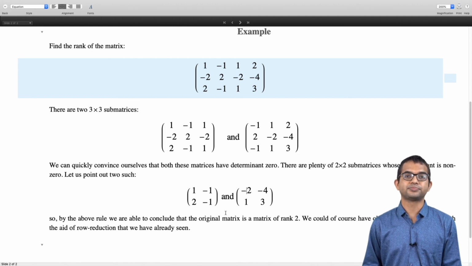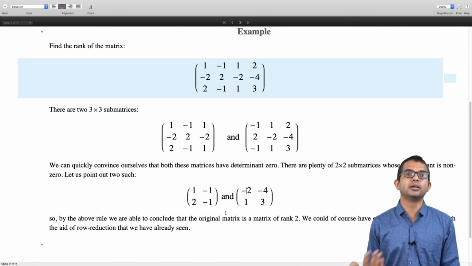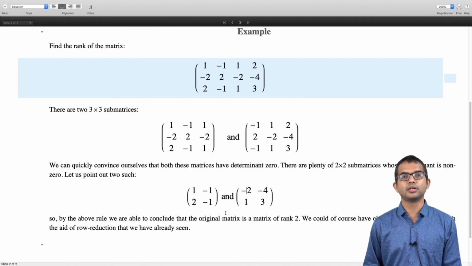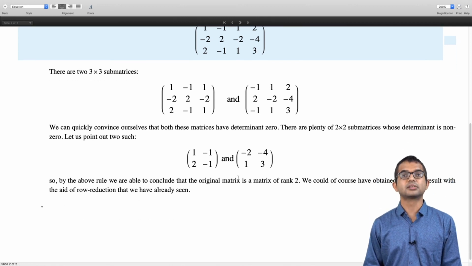But if you find even one such submatrix to be non-zero, you can immediately conclude that it's a matrix of rank 2. So this is a short lecture describing this technique of extracting the rank of a matrix using determinants. Thank you.